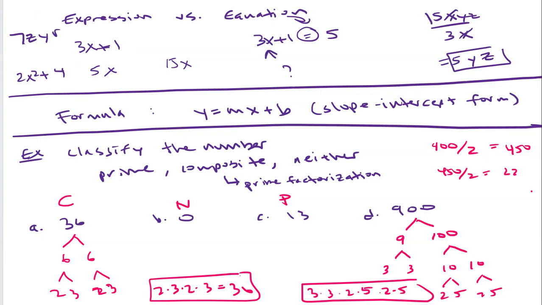That gives me 225. I can't break down 225 by 2, but I can do it by 5s now. Okay, so 225 divided by 5, that gives me 45. All right, so on and so forth. Okay, so whatever works with your brain.